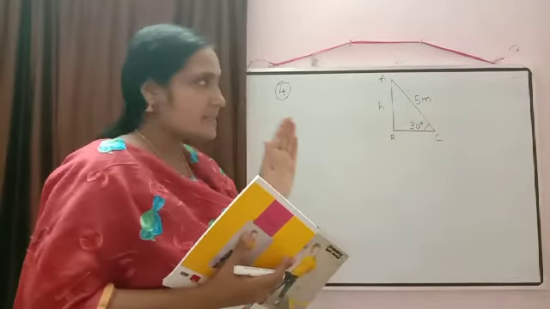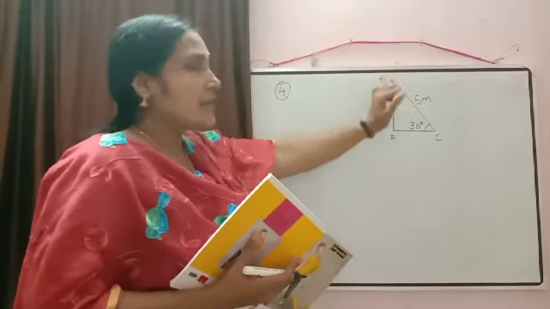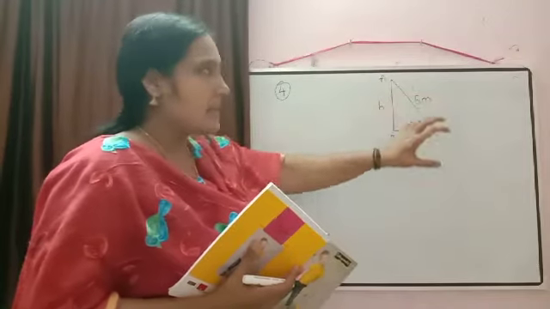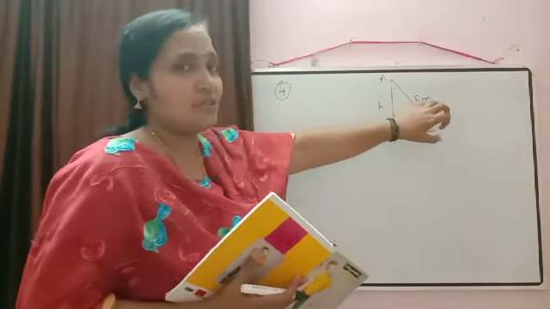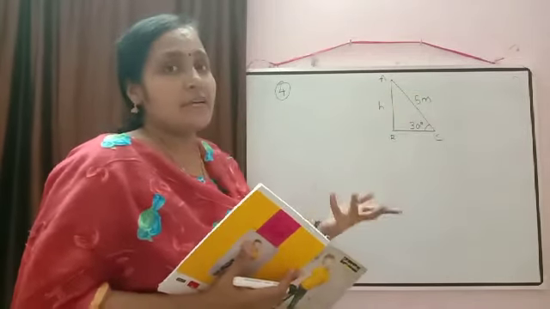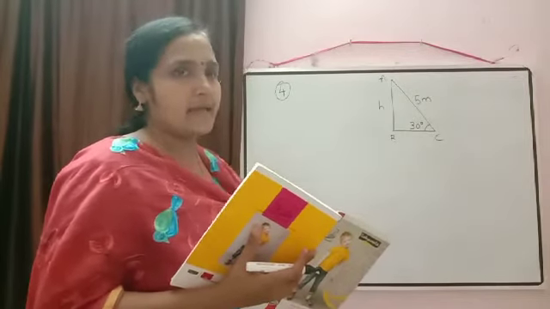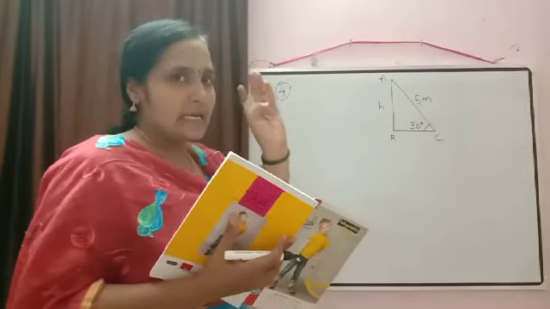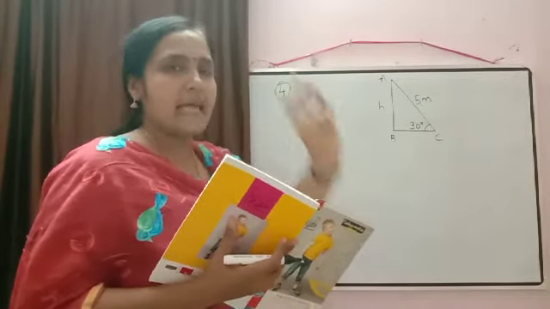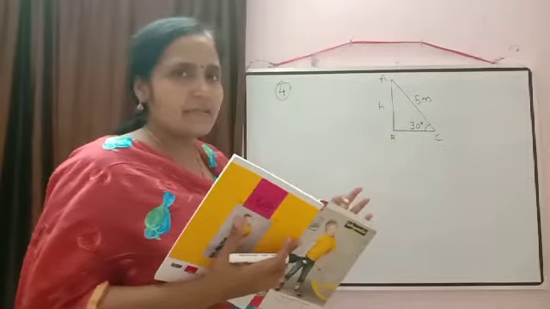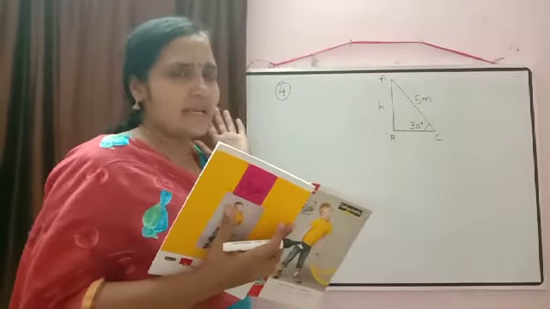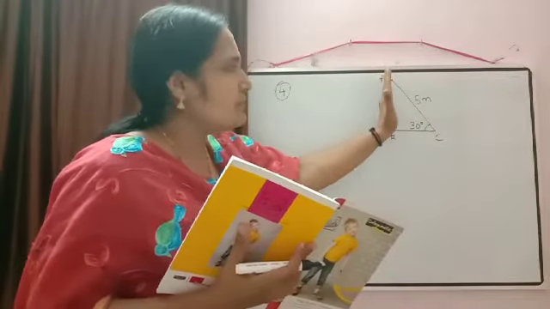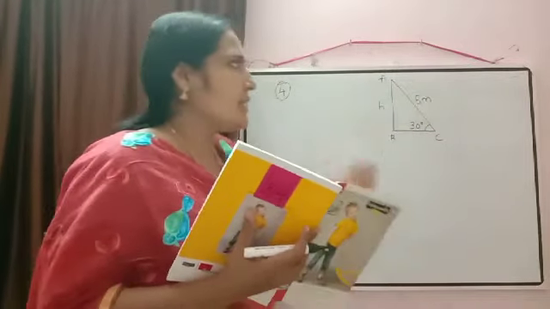So always just remember there what are the things we have to calculate and what are the things given there, because based on this information only we can decide which trigonometric ratio we have to take there. So that's why, at least you should know the formula for sin theta, cos theta and tan theta. These three formulas if you are knowing, then we can do these questions very easily. Okay, so just to check there, side opposite we have to calculate and hypotenuse is given.